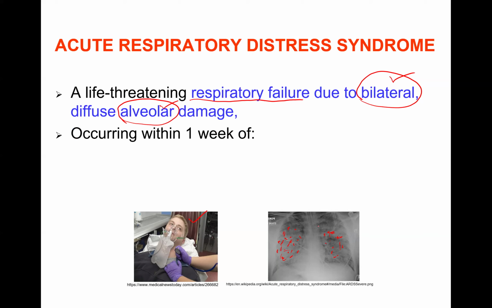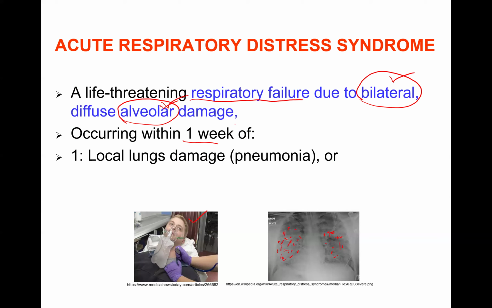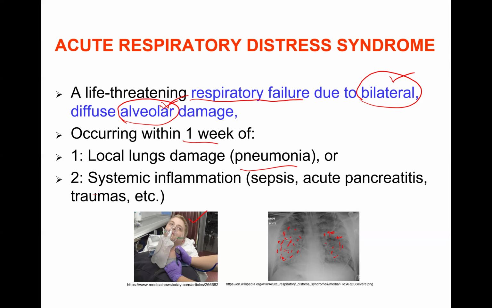Furthermore, ARDS is an acute condition, meaning it occurs within a window period of 7 days, within 1 week of local lung damage by pneumonia. So both lungs can be damaged due to pneumonia, or due to systemic inflammation, for example sepsis.